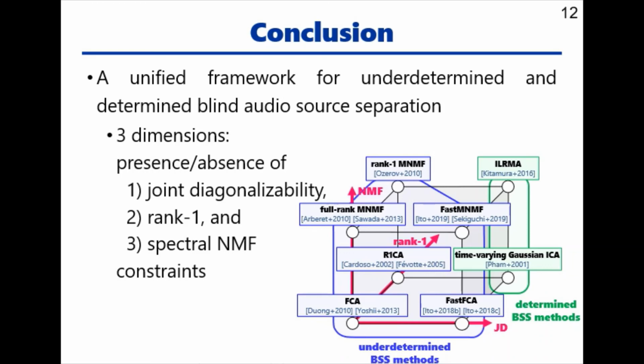The framework enables us to garner a unified understanding of the BSS methods. Especially, it elucidates close relation between underdetermined and determined BSS that have been studied somewhat independently of each other, hopefully creating synergy between these research areas and stimulating further advances of them.